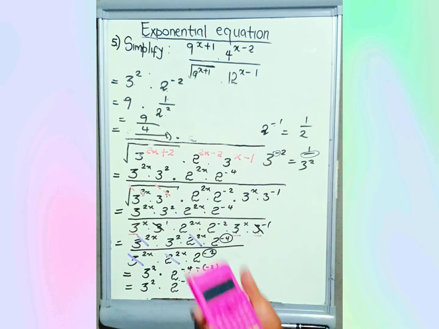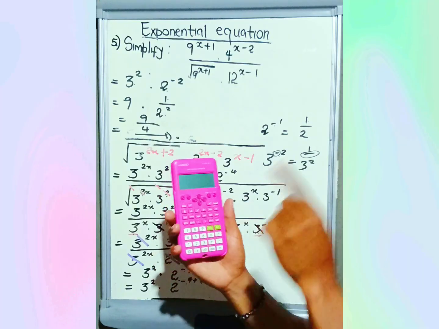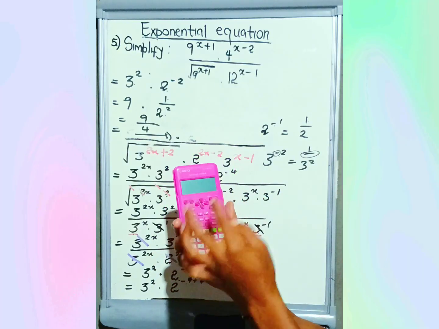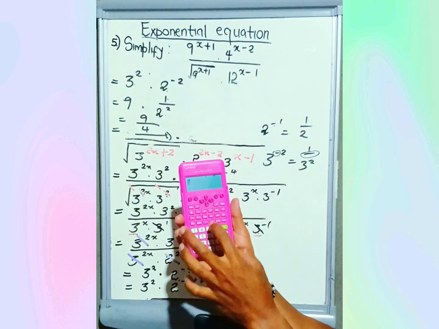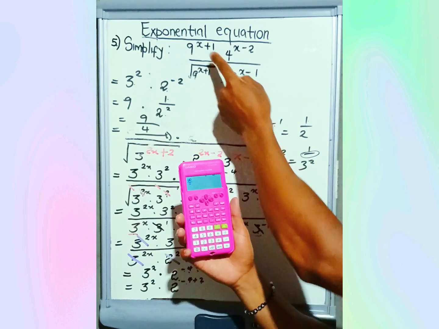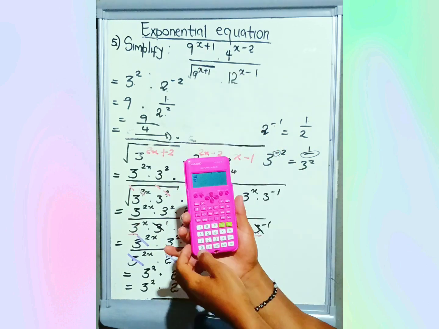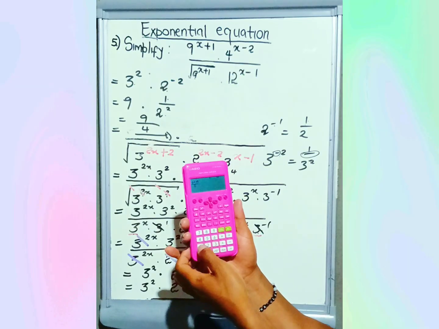For example, you take your calculator, then you press a fraction line, then we have 9 raised to, instead of putting x, we put 1 plus 1.